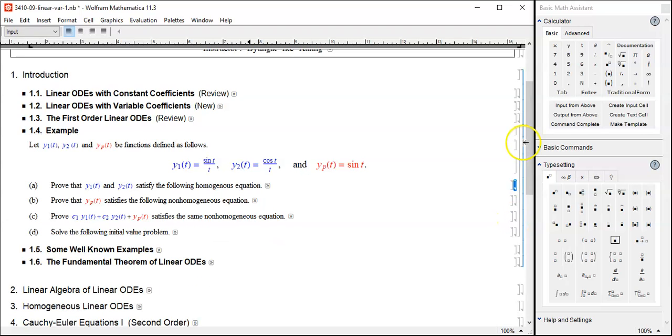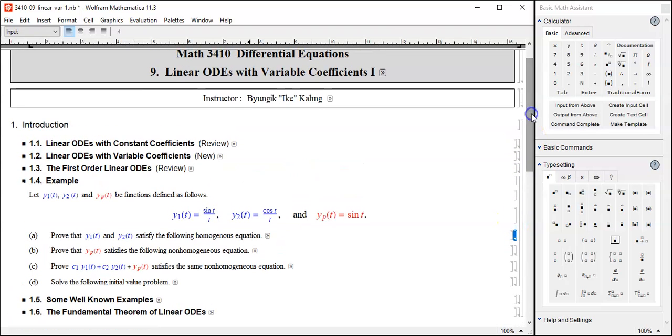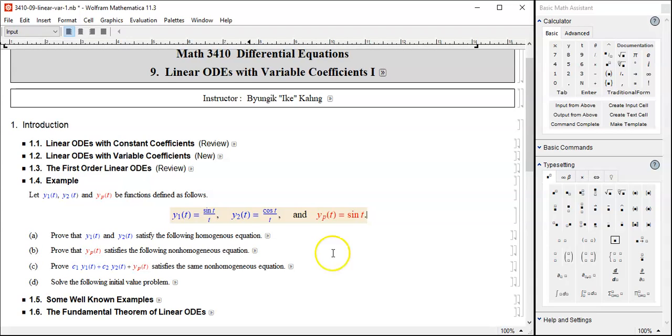But most of all, please note that we had some glaring holes here. How in the world do we find y1, y2, and yp? That's the big question, and that's the question that we'll have to answer in this module, and then the next lesson, lesson 10 as well.